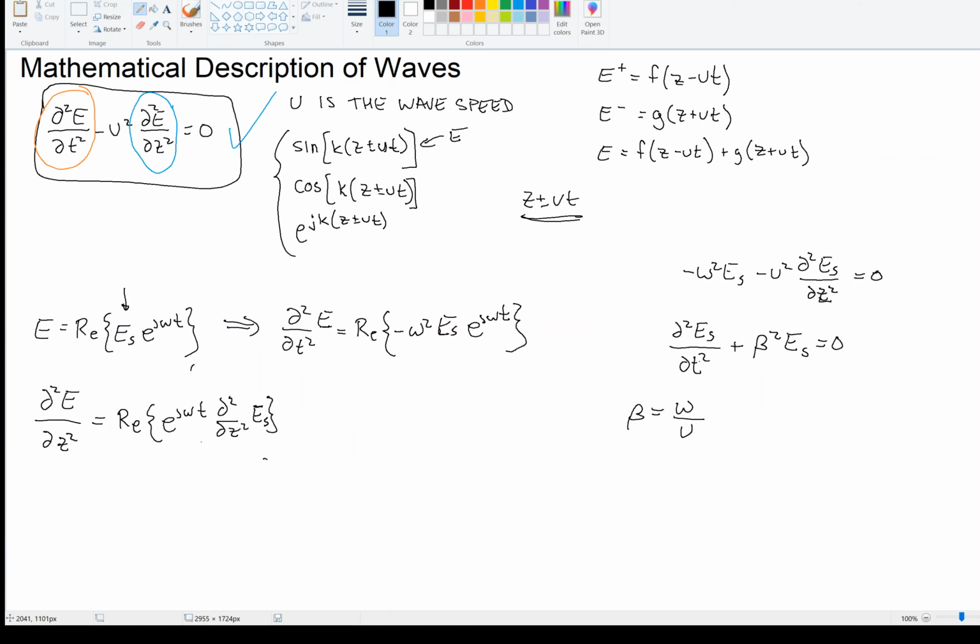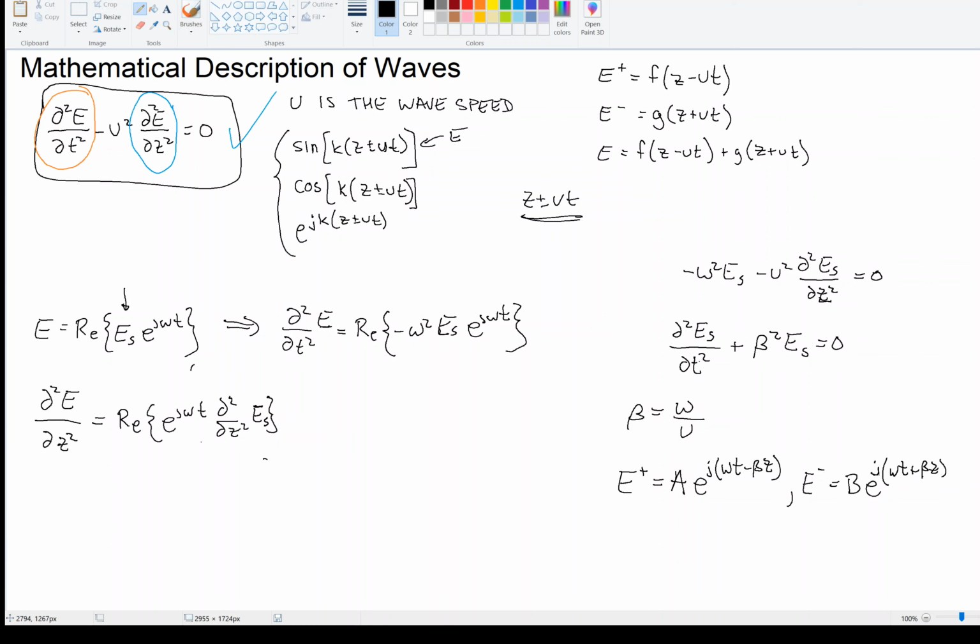So now we know then that the solutions to this would be some constant A, e to the j omega t minus beta z, and we can call that E plus, and then we would have E minus, and so we would have some constant B times e to the j omega t plus beta z.